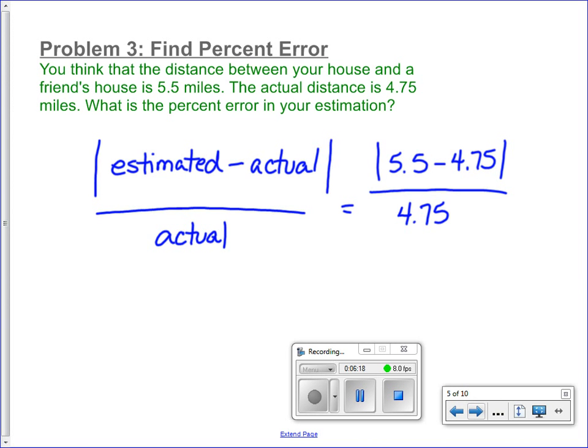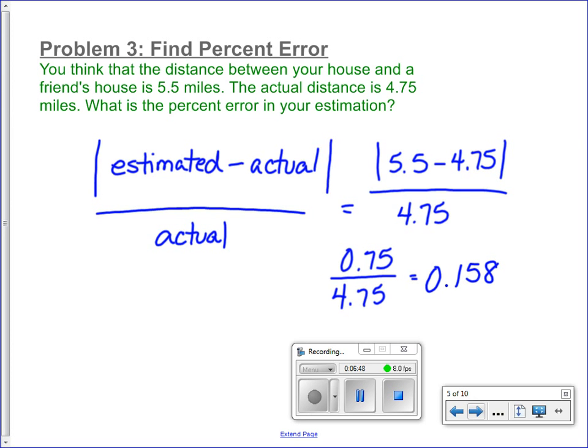All right, well, 5.5 minus 4.75, we actually get a positive number, so we don't have to worry about the absolute value. And we're going to divide that by 4.75. So 0.75 divided by 4.75, the actual distance, is 0.158, and I'm going to go ahead and round it.